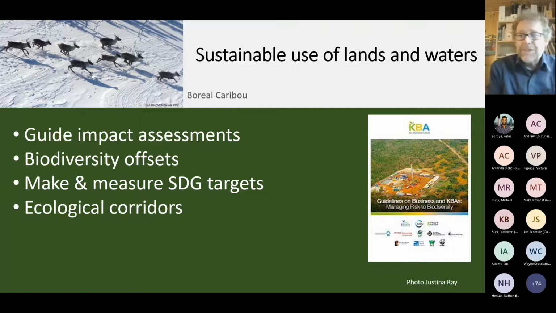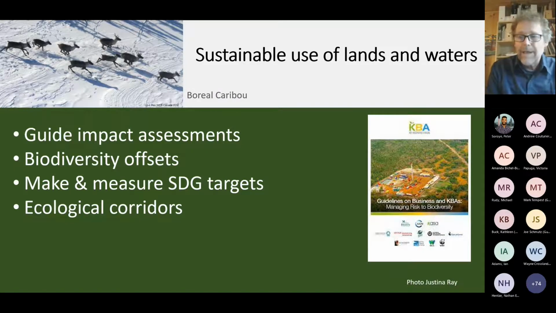KBAs can also support nature outside of the 30% that we're striving to protect. They can set a clear blueprint of where development can occur and where it should definitely not occur. This is good for conservation, but it's also good for business to have clarity on where these no-go zones are early in their feasibility studies and planning process.